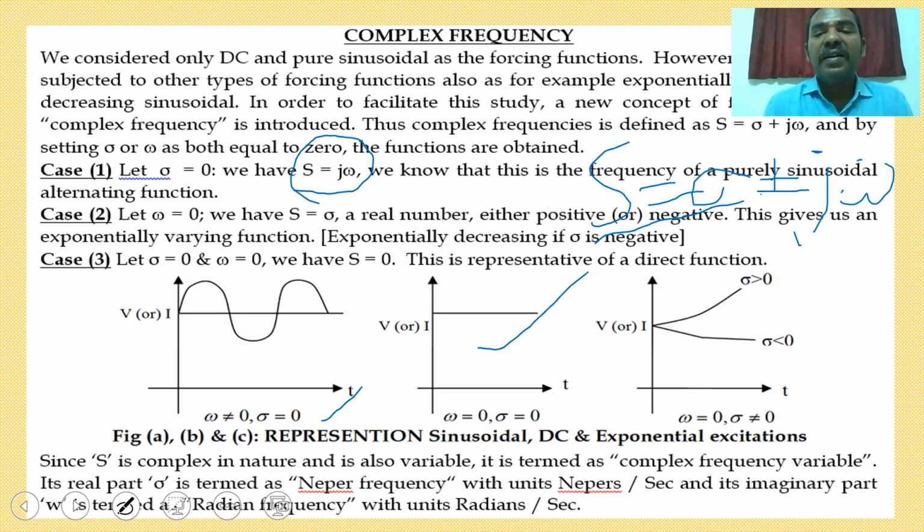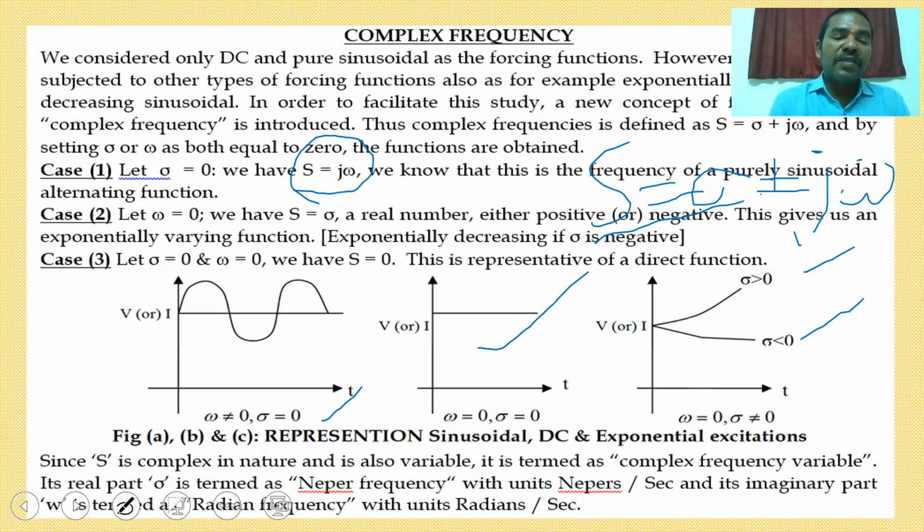And if omega is equal to 0 and sigma is not equal to 0, then it is exponentially increasing or decreasing conditions.